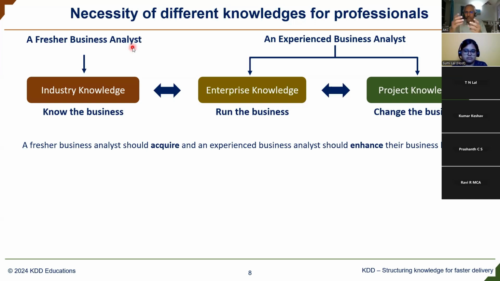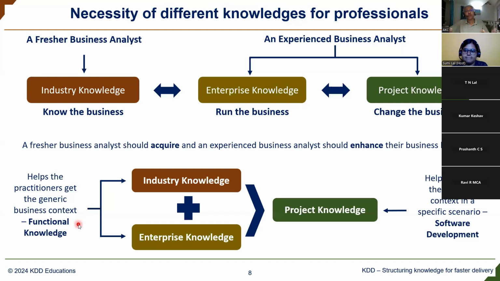Typically, at a time, you will have multiple projects going on, any project which will address some requirement of regulatory change, which could be any enhancement in the functionality, or some new features getting added, all sorts of things. So from a necessity perspective, I would say as a fresher, knowing and acquiring industry knowledge is very important. If it is an experienced one, then enhancing your knowledge, both enterprise as well as project knowledge, becomes important.